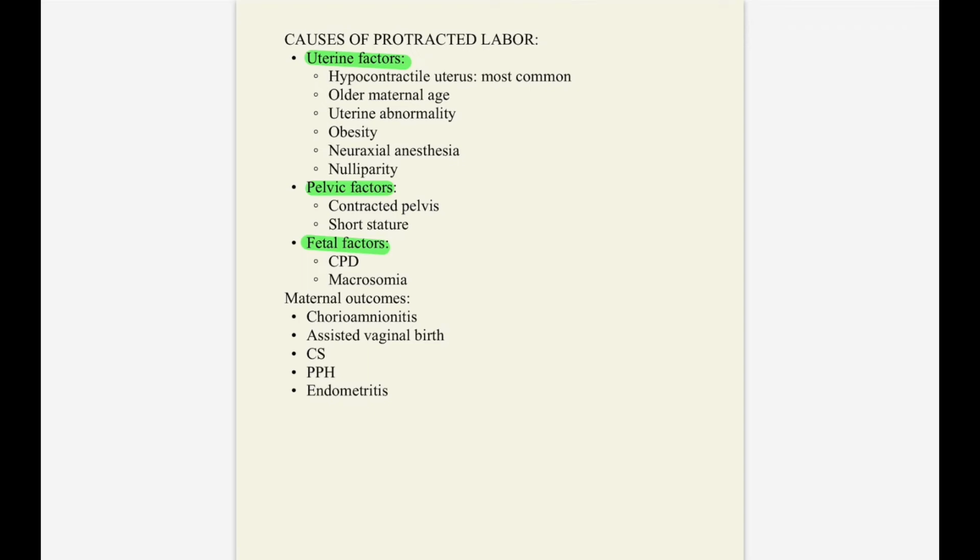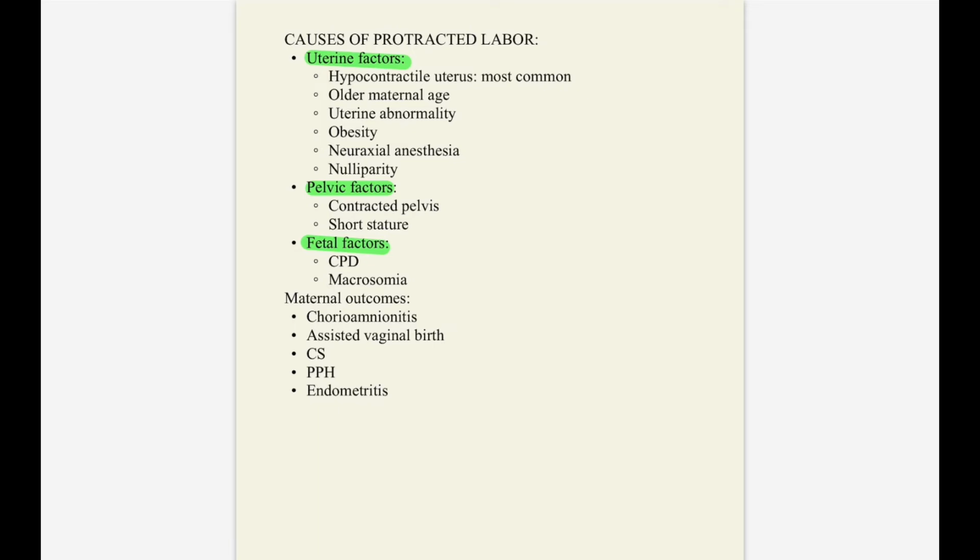Other causes are an older maternal age, uterine abnormalities, obesity in the mother, neuraxial anesthesia. This is not completely understood, but some studies have shown that it does prolong labor, and nulliparity. Pelvic factors are a contracted pelvis and a short stature, and fetal factors are cephalopelvic disproportion and fetal macrosomia. So these are the causes of a protracted labor.